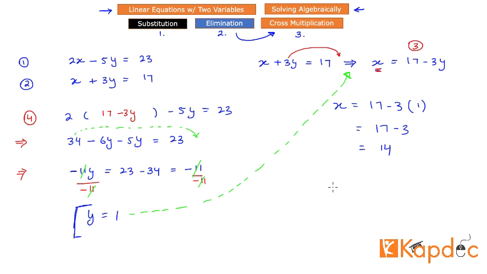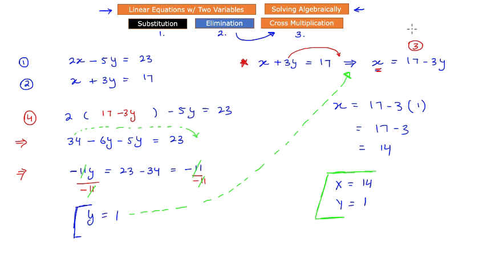So by way of this substitution method, you have obtained your unique solution to be x is equal to 14 and y is equal to 1. As simple as it is. And the steps in this substitution method, if you were to recap this whole thing, number 1, take one of those two equations and define one variable with respect to the other variable. And that's what you obtain here in equation number 3.